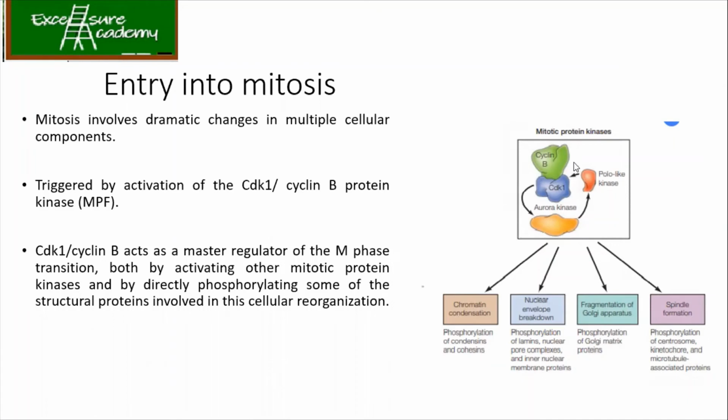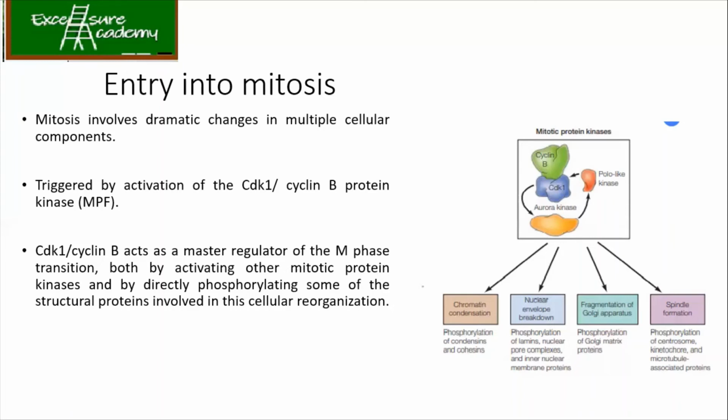We know that the mitotic protein kinase is your MPF. Correct? Remember maturation promoting factor, MPF. So this is your cyclin B CDK1. Now what does this MPF do? It is going to activate your Aurora kinase, which activates Polo-like kinase, and in return they activate CDK1. Okay, we will understand slowly what is happening.